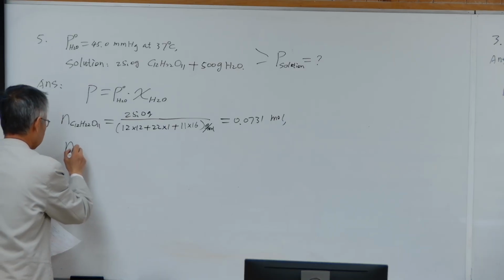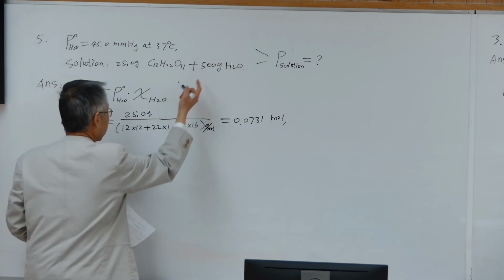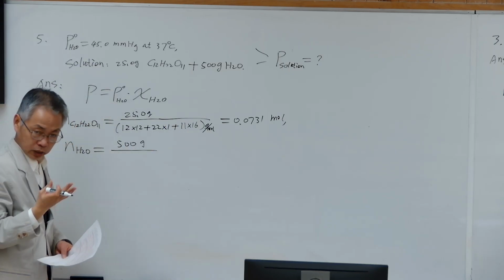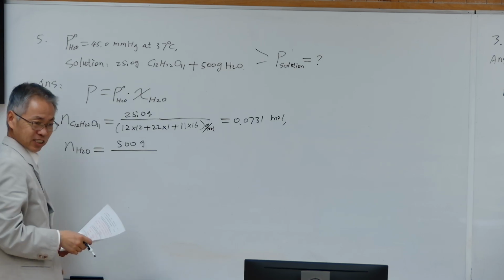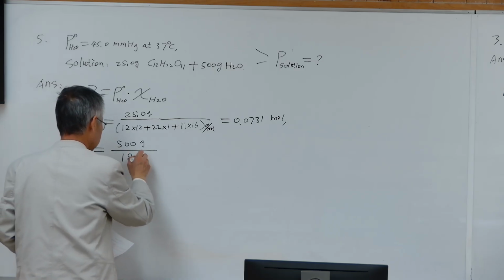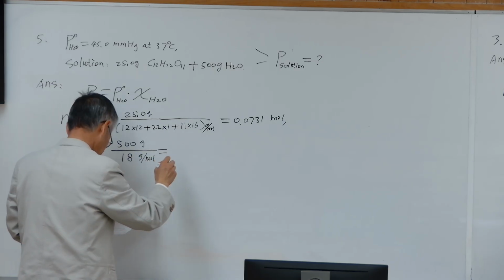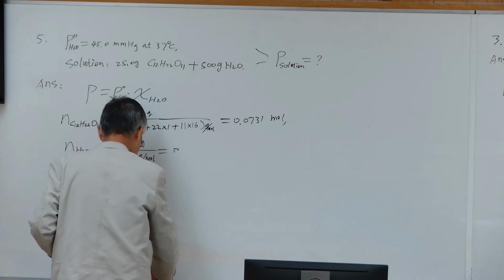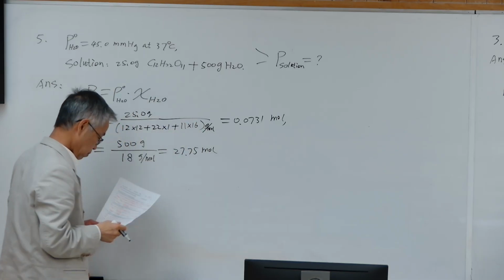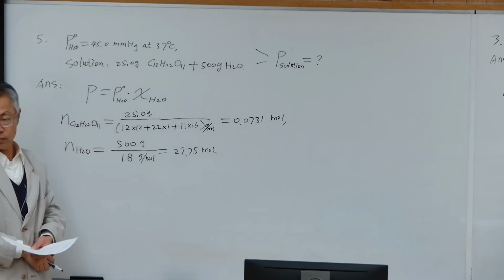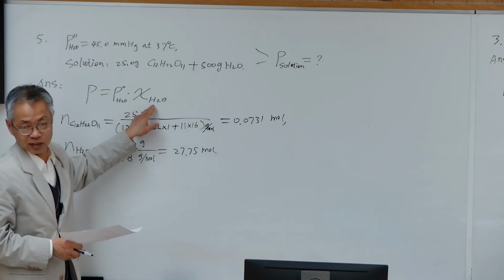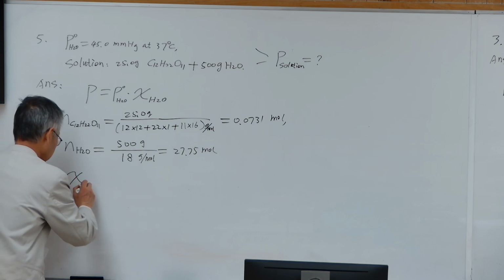Then moles of water, 500 grams. Molar mass of water: 2 H, 1 oxygen. Each hydrogen is 1, oxygen is 16. Then together it will be 18, right? So this will be 27.75 moles. We have moles of water, moles of sucrose. Can we calculate the mole fraction of water?